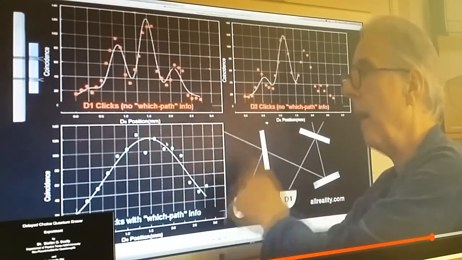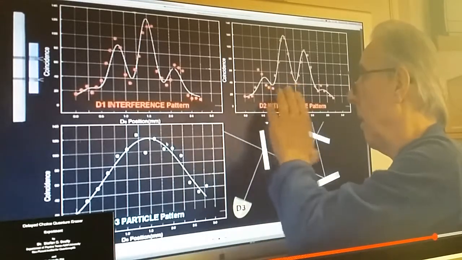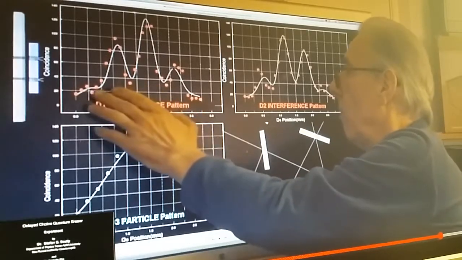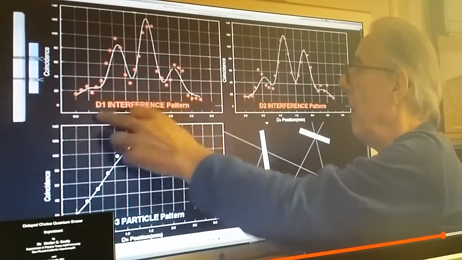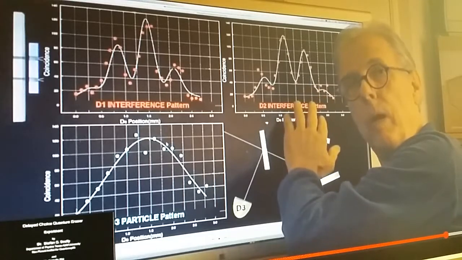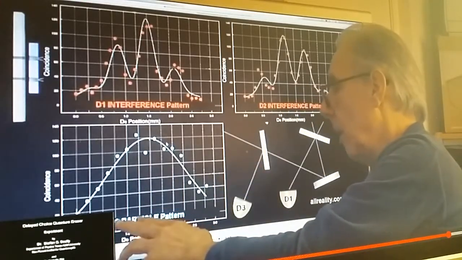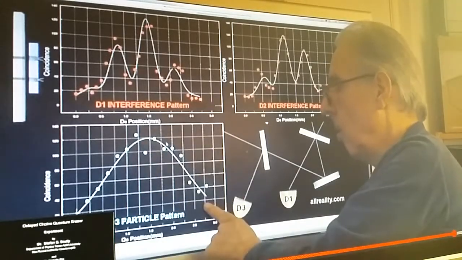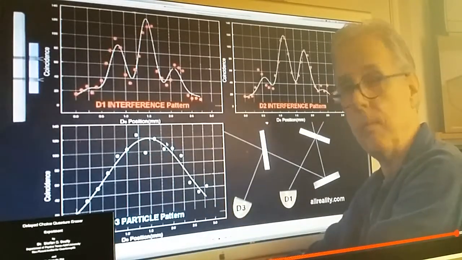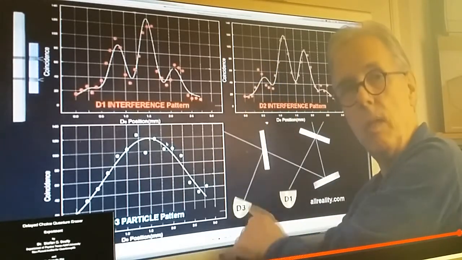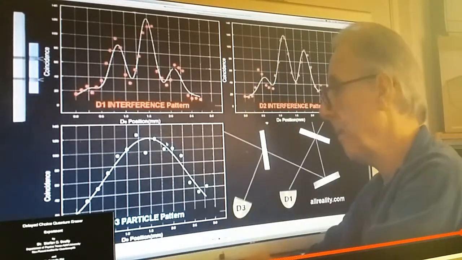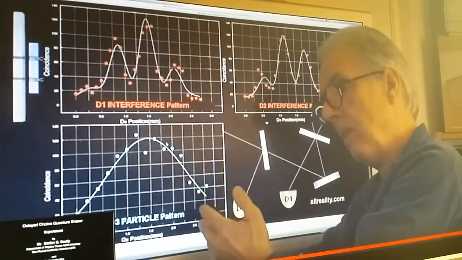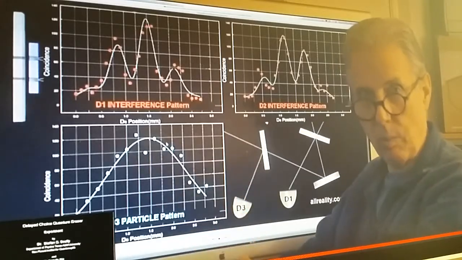Once you've separated out the points, and when they're detected, you see that photons that had no which path information form a fringe pattern. Particles that were detected with which path information form a particle pattern. By the way, they didn't use D4, they just needed D3 for their data. So, that's how the delayed choice quantum eraser experiment works.